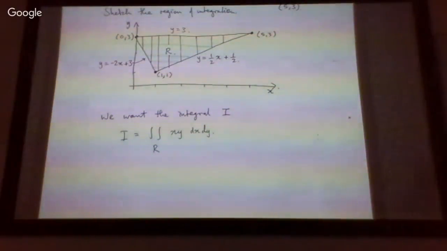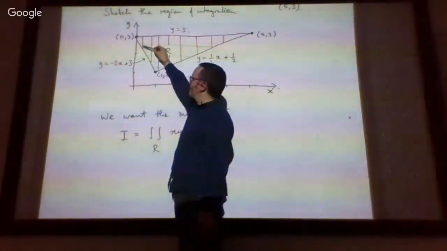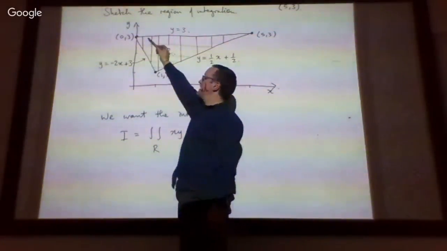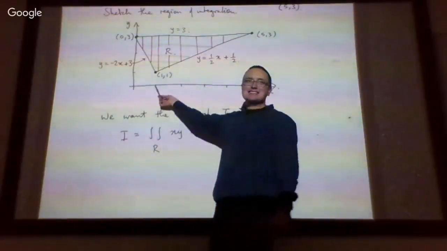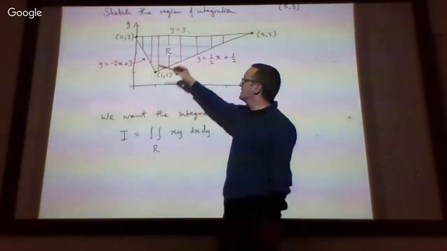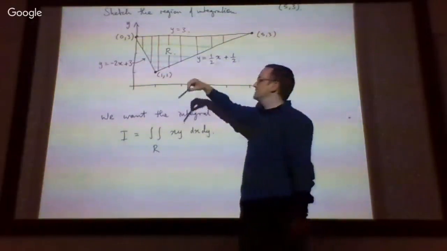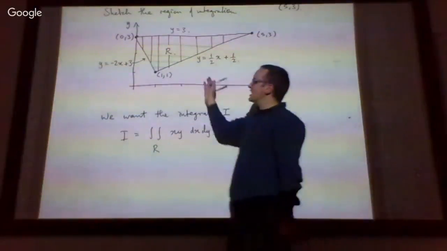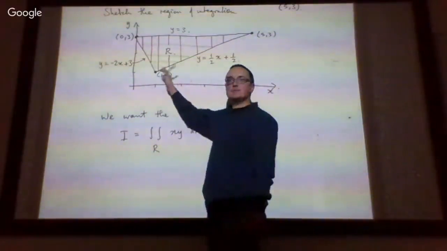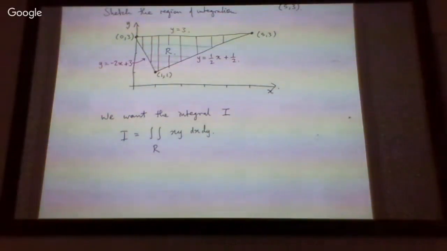For the first part of the x range, the vertical strips start on this boundary curve and end on the top one. But once you get past x equals 1, the behavior changes. Then the vertical strips start on this boundary curve, and they're still ending on this one up here. So there are 2 different types of behavior if we make x the outer integral.